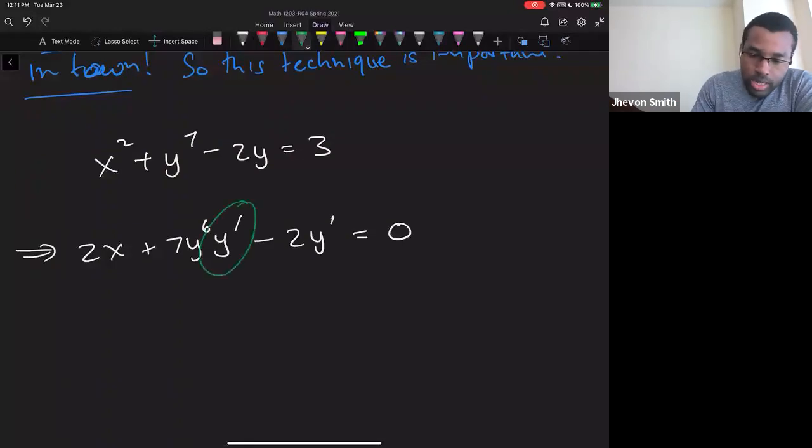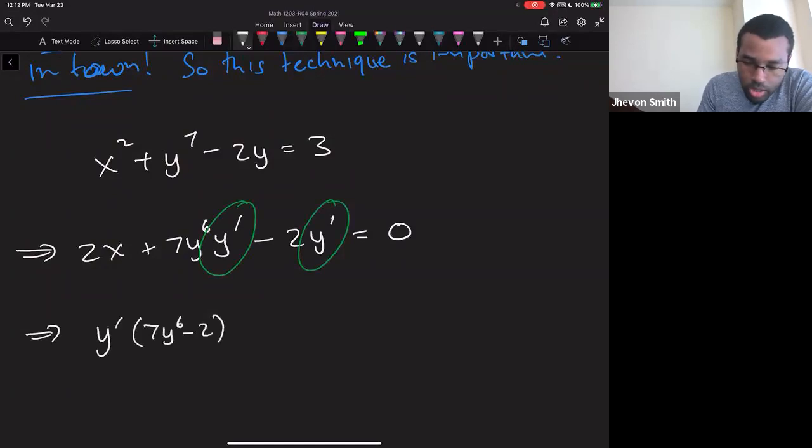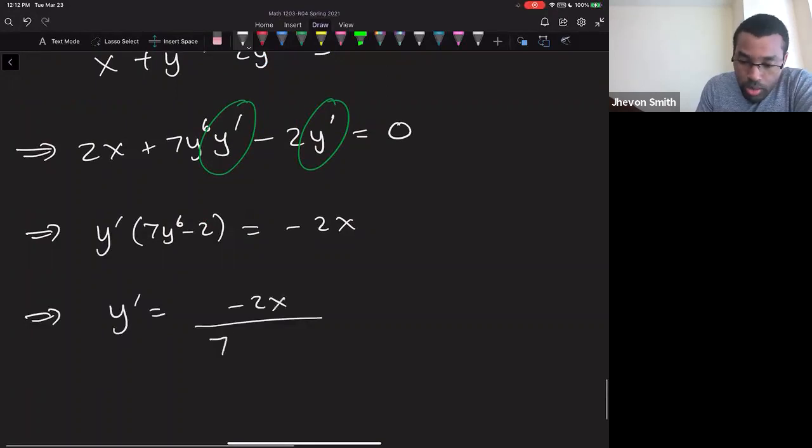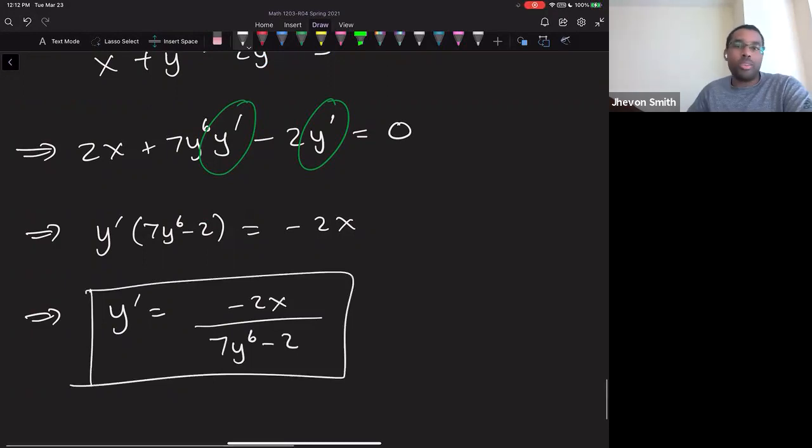Now I want to solve for this guy. So that's 7y to the 6 minus 2 equals, bring that 2x over there. And so my y prime is blah. So solving for the function, impossible. Solving for the derivative, easy with implicit differentiation. So that is the derivative.